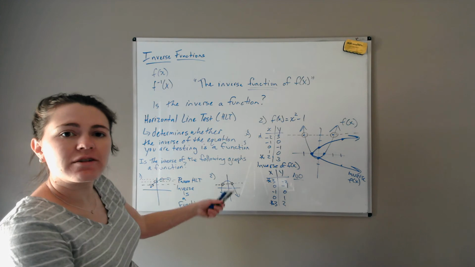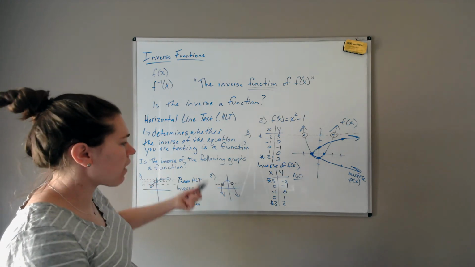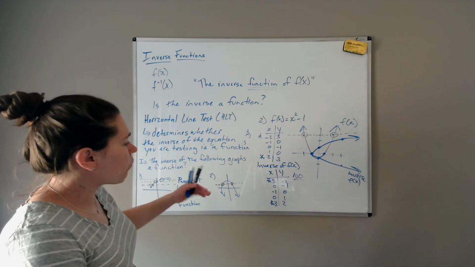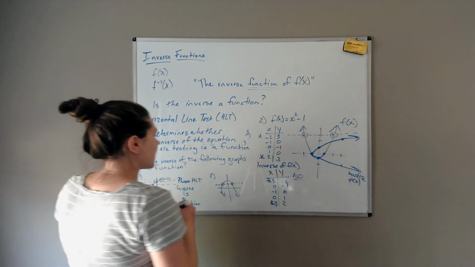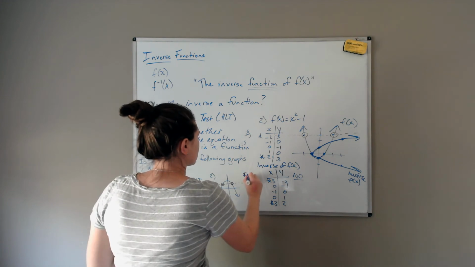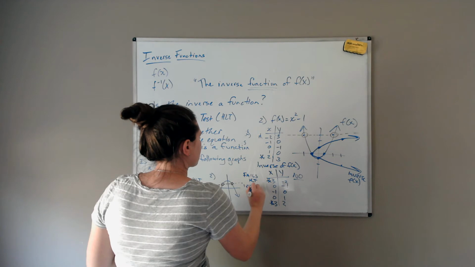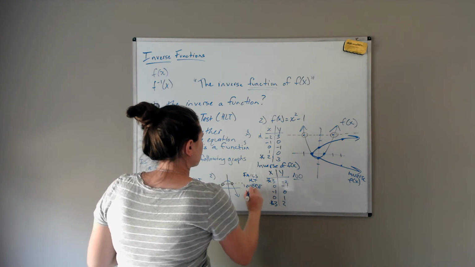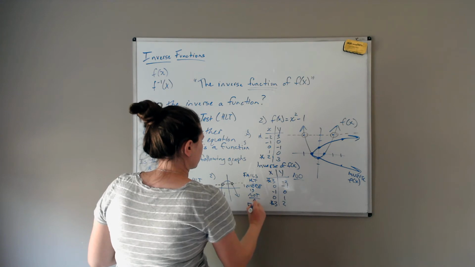So in terms of the inverse, if two different inputs give you the same output and you swap it, that means one input is going to give you two different outputs. So this fails the horizontal line test. That means the inverse is not a function. Okay?